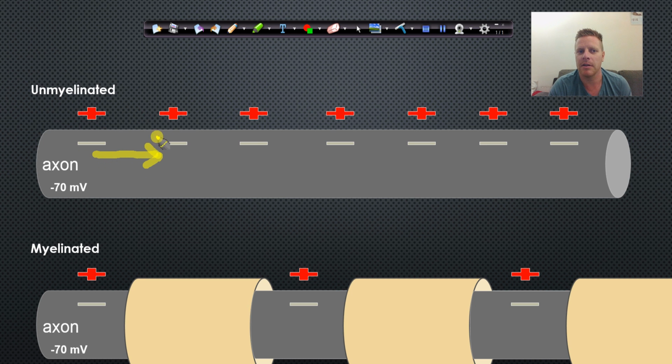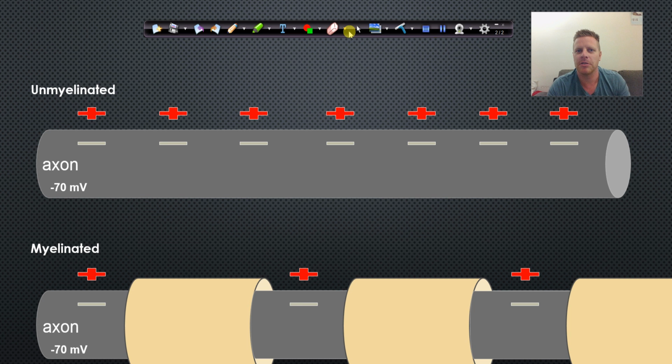So the action potential jumps to an area that hasn't fired a potential, fires one, and then that continues to jump to the next node. And so it can never travel backwards because of the preceding region of the axon remaining in its refractory period.